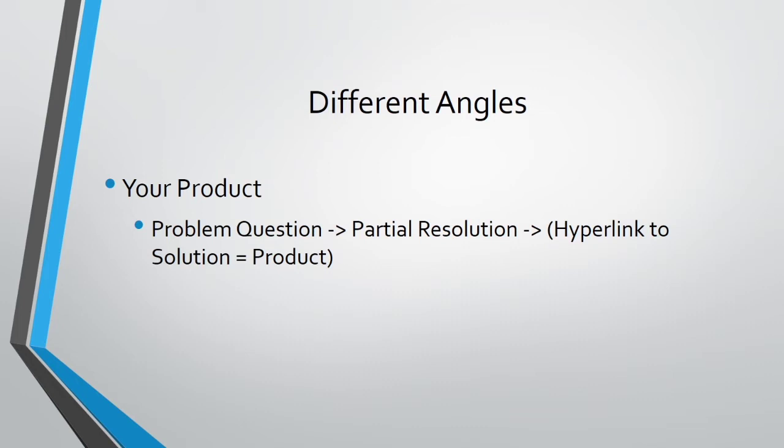But the whole goal here is to lead up to that point where they're going to want to click on it because they have an idea of what you're all about and what your product or service is all about. But up until that point, you do want to provide good, valuable, trustworthy information.